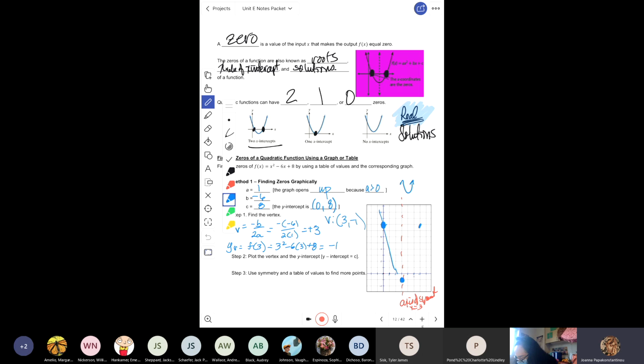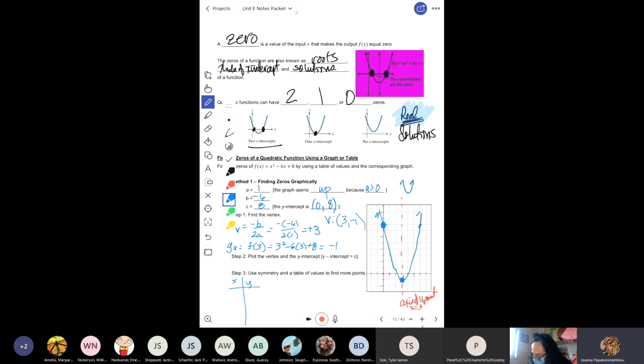Now, how many solutions is this going to have? I know it's going to have 2 solutions. So how am I going to find those solutions? Well, I could create a table of values.